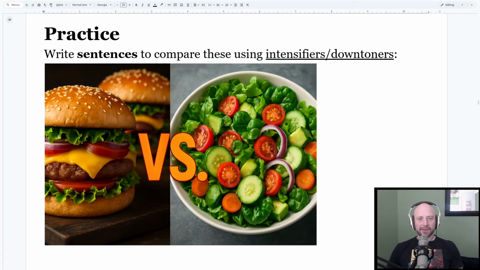Remember that you have to use intensifiers and downtoners in your sentences. So type those in the chat and we'll take a look, see what you have. Might help you that while you're typing those opinions in the chat that you say them out loud as well. Try and say them out loud in a natural way if you can to help you practice.